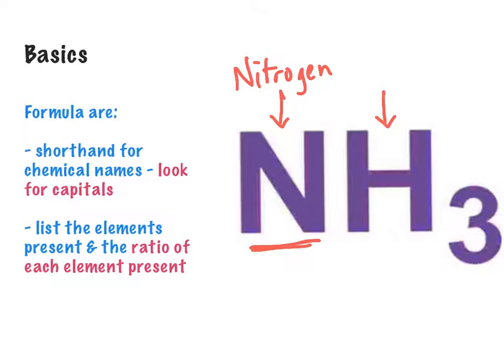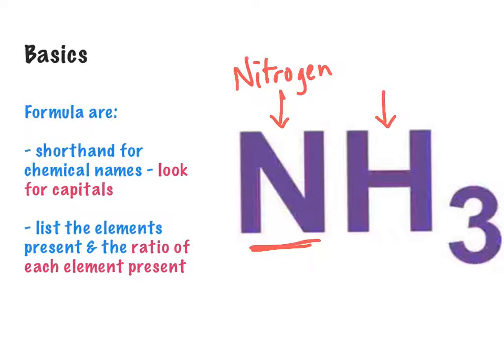Whenever we see another capital letter, it tells us that there is another chemical involved. Now, by definition, a compound is a pure substance that has two or more elements bonded together.